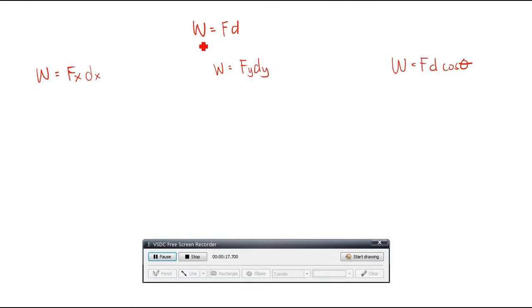From our general formula, which is W is equal to force times displacement, we can derive three different formulas, and these formulas can be used according to the nature of the problem or the situation in the given problem. The first one is W is equal to Fx dx.